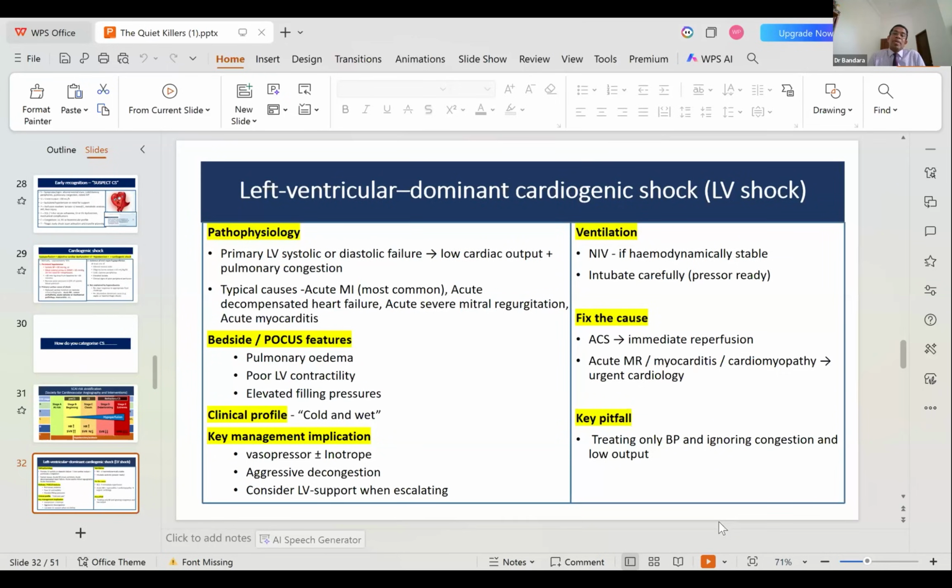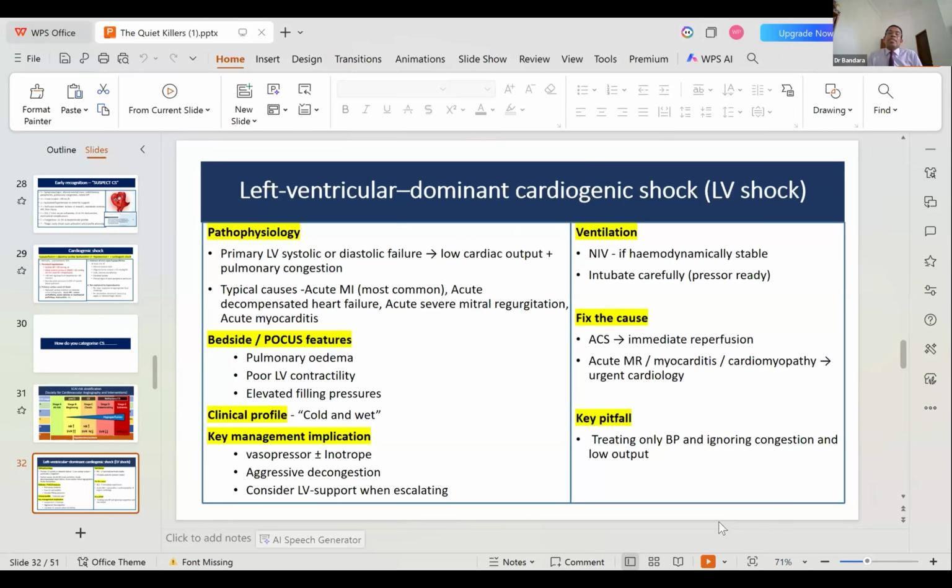The main aim of treatment is to identify and fix the cause. If the patient is having an ACS, immediate reperfusion. If acute valvular pathology, you need to correct it. In the meantime, you can improve ventilation with non-invasive or invasive ventilation.